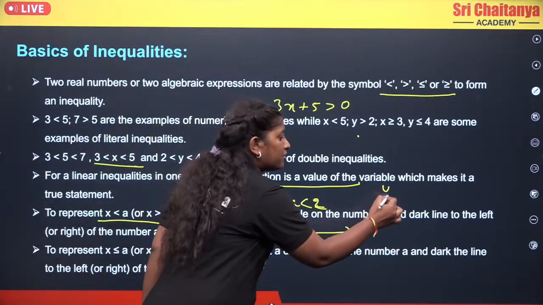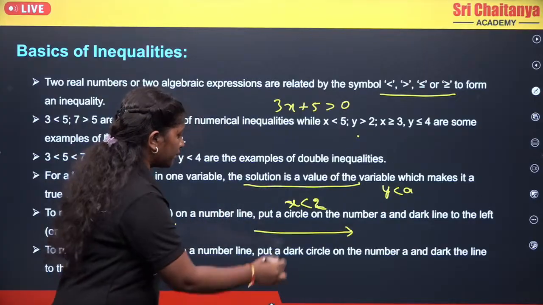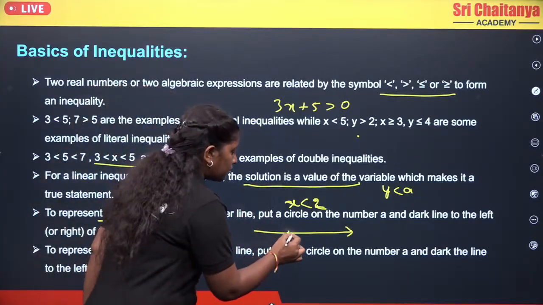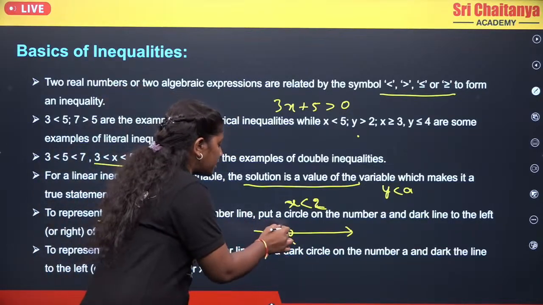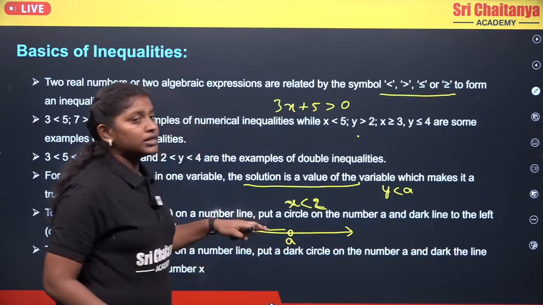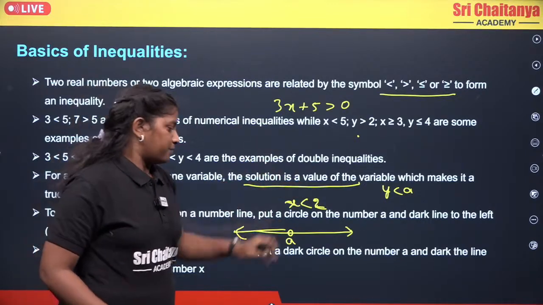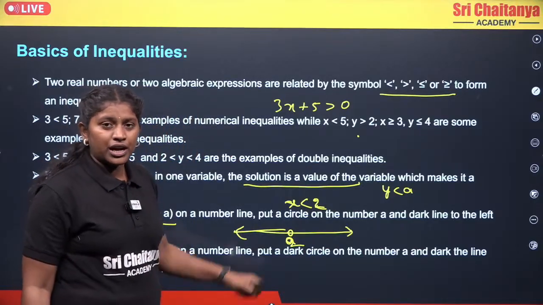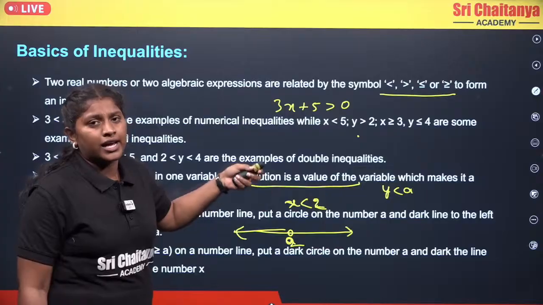So if we have x less than a, it means we will be on the left side of our number line. Here I have my a value, and whatever portion we have less than a comes under the values of x. Here in the example it was 2. So whatever values we have less than 2, those all will become the possible values of x.